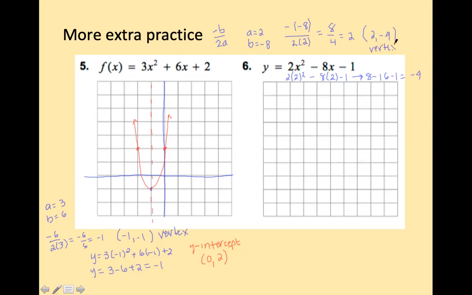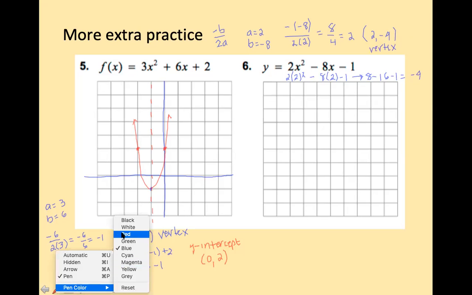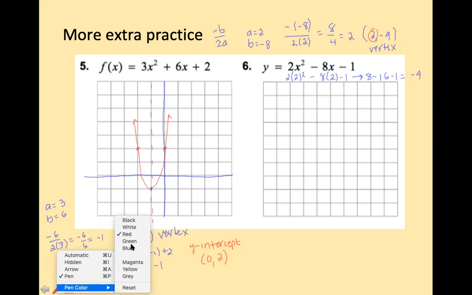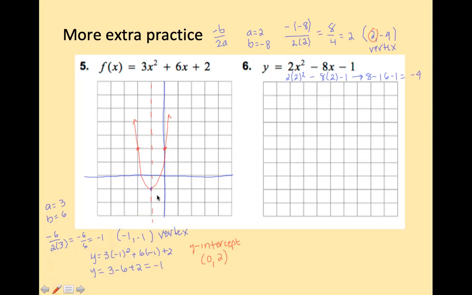We also have an axis of symmetry. I'm going to switch colors again. We also have that axis of symmetry that's going to run right through this coordinate, right? It's going to run right through 2. So I'm going to draw in my x and y axis here, and I've got to know that I need to fit a 2, -9.